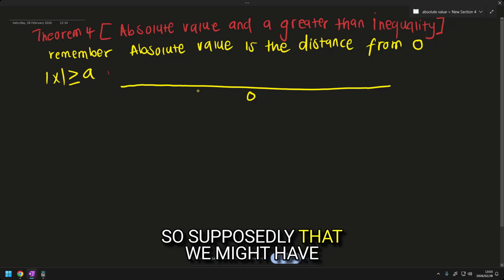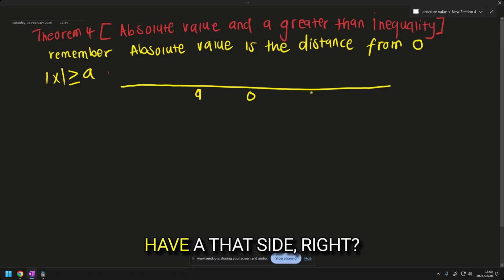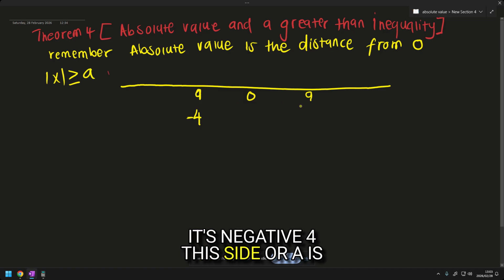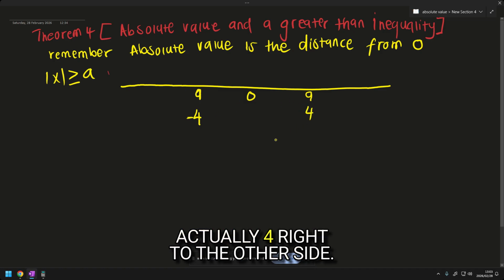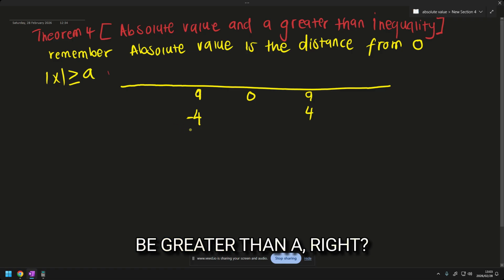So supposedly we might have a there, or we must have a that side. So let's suppose that a is 4, it's negative 4 this side, or a is actually 4 to the other side. So they say that the distance of x from 0 must be greater than a, right?